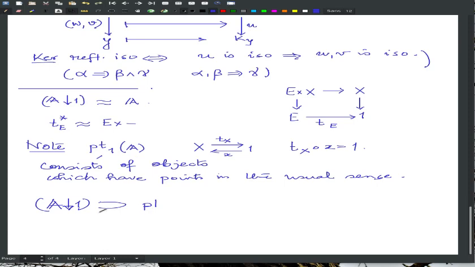Although in many cases it may be the same, it is significantly smaller, right? Sometimes this could be empty. For instance, if you take locales, it is significantly smaller.